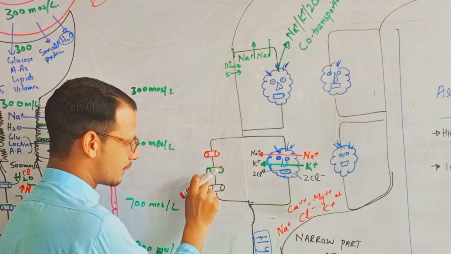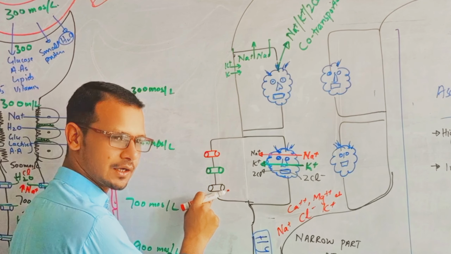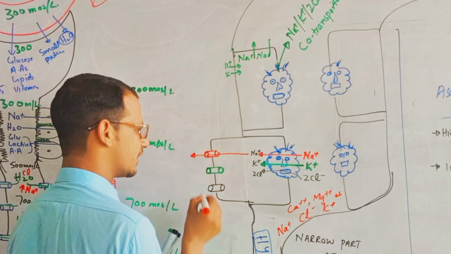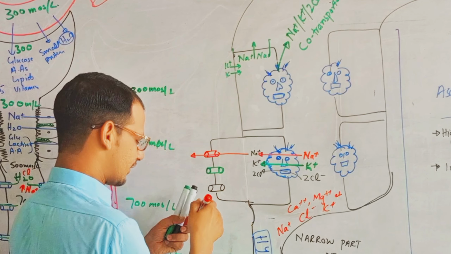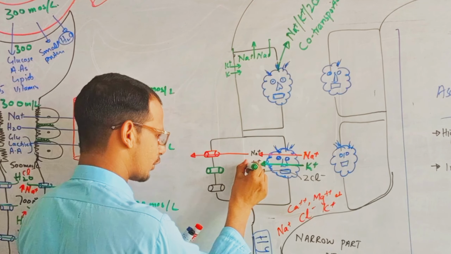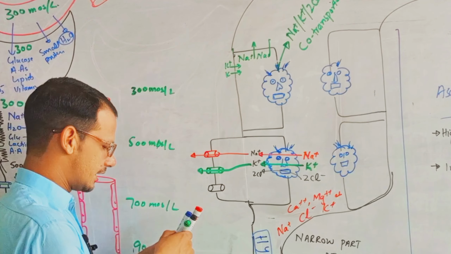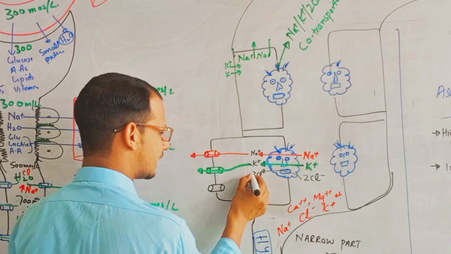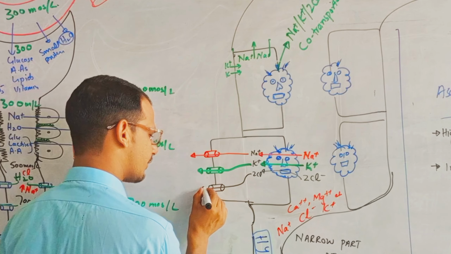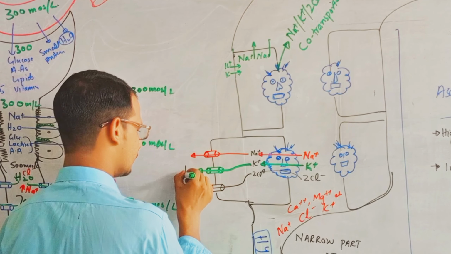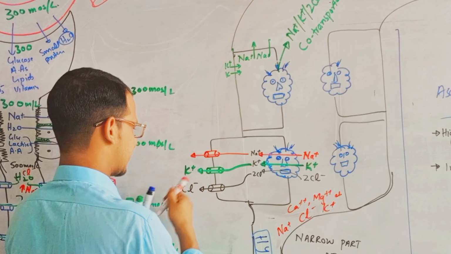Sodium transporter, potassium transporter, and chloride transporter. The first will take sodium from the cell into interstitial fluids, this one will take the potassium from the cell into interstitial space, and it will take the chloride from the cell into interstitial space.